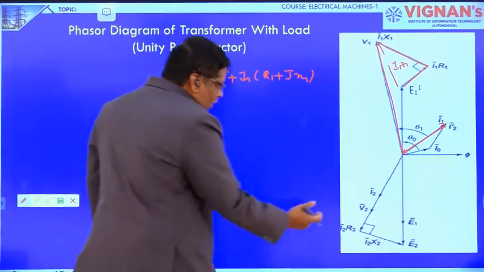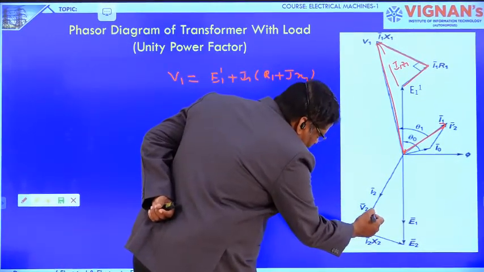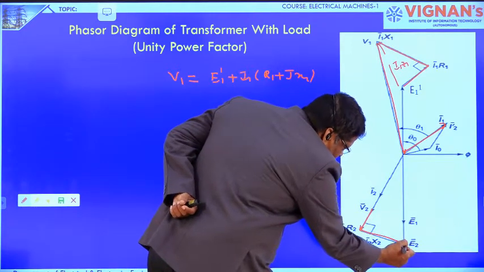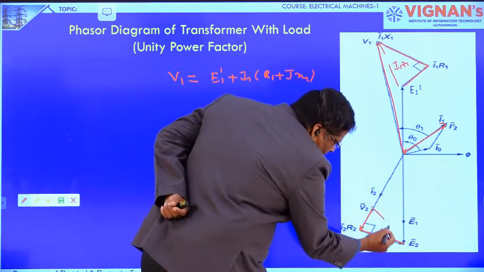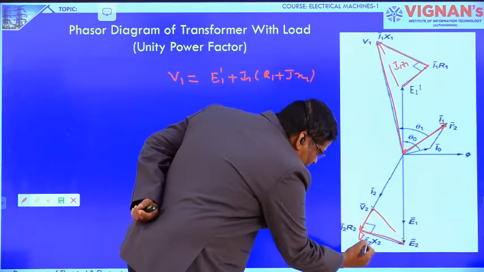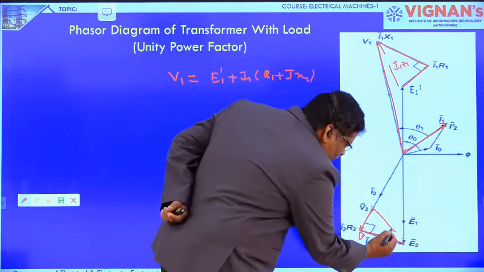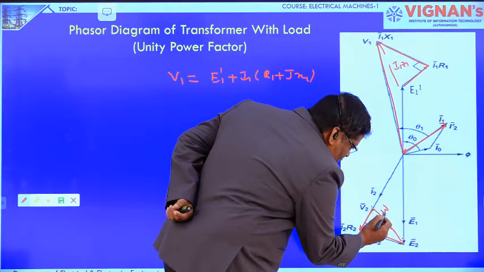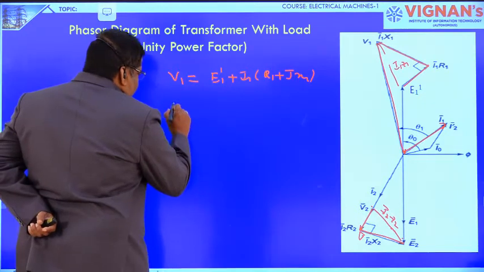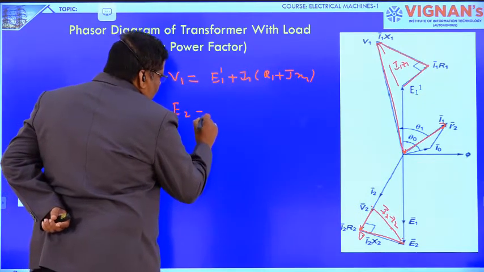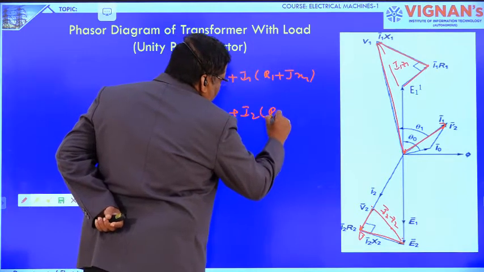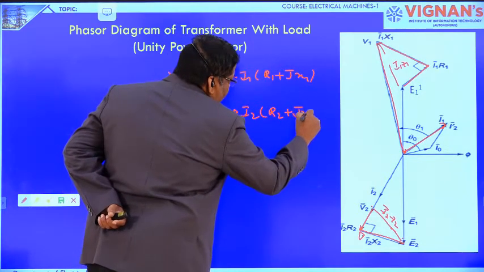In the same manner at the secondary, I2 and V2. To the V2 you have to add the I2 R2. Perpendicular, from the tip, up to the E2 you have to draw this I2 jX2. This is the I2 Z2. Now from the secondary side, E2 equals V2 plus I2 into R2 plus jX2.